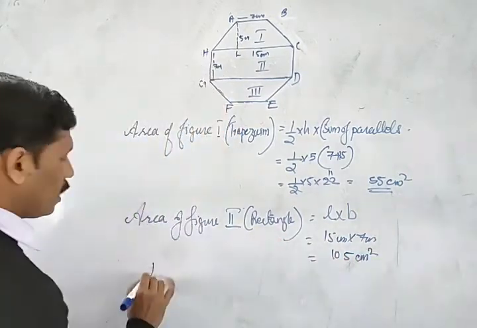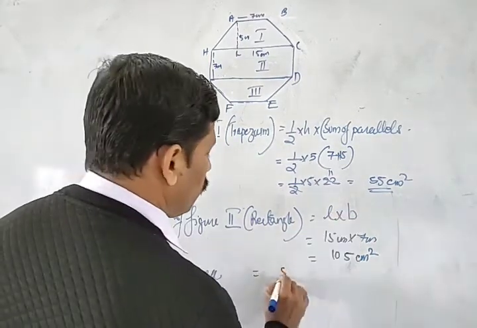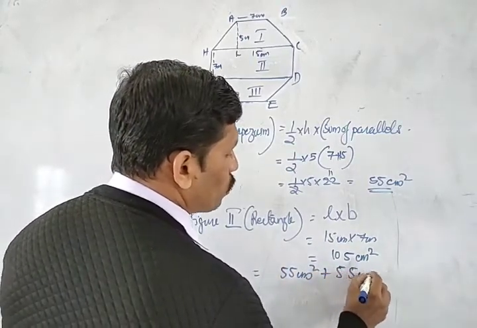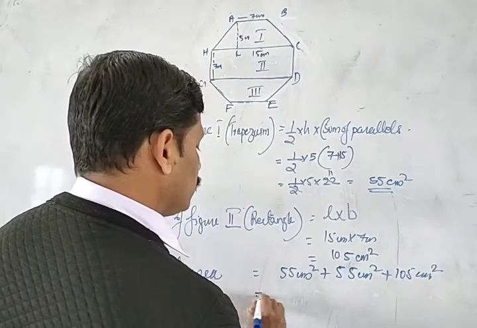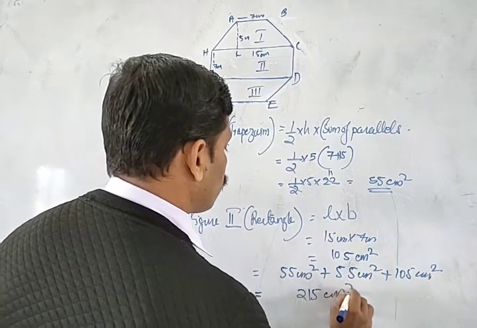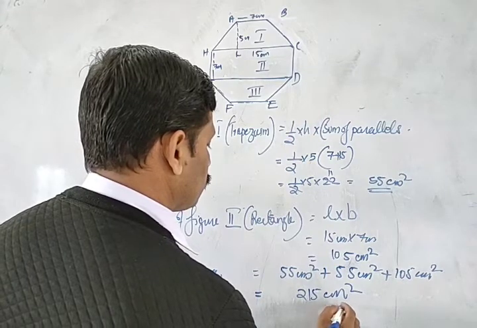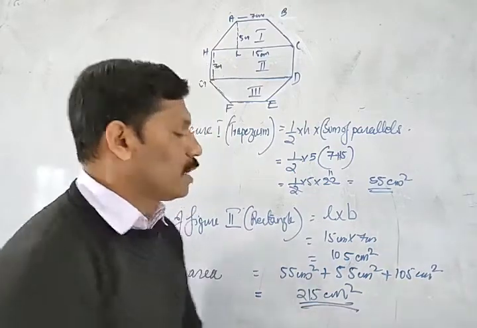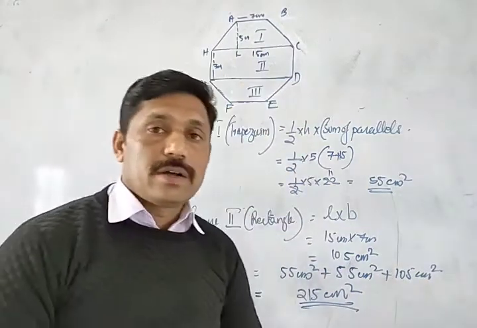So the total area is equal to figure 1, 55 centimeter square, and figure 3, also 55 centimeter square, and figure 2, 105 centimeter square. So totally it is 215 centimeter square. 215 centimeter square is the area of this regular octagon.